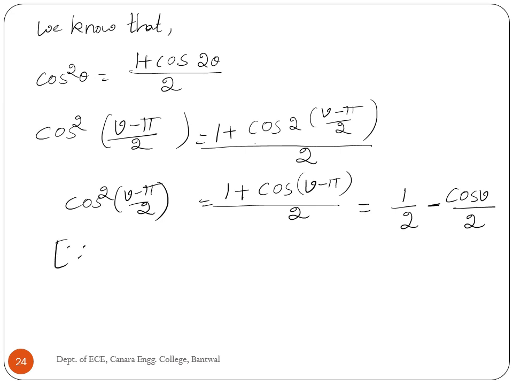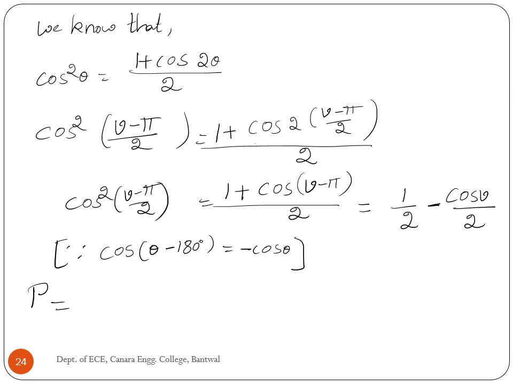Since cos (theta minus 180 degree) is equal to minus cos theta, therefore I have written here cos of (v minus pi) is equal to minus cos v.